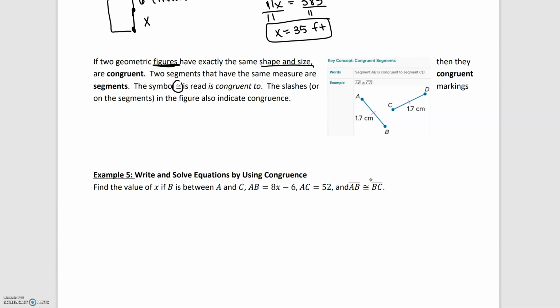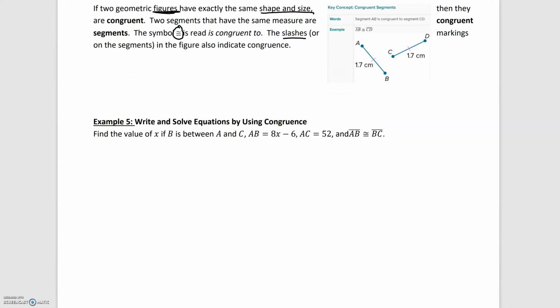We use this symbol right here, a little equal sign kind of with a squiggly or tilde up above, and that is meant to read congruent to. We can also use slashes or tick marks, as I like to call them, and those indicate the segments are congruent or the same size and shape.